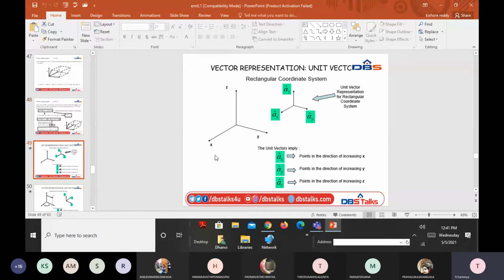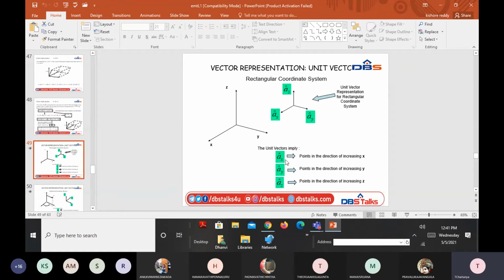See here. The vector representation over a coordinate system: consider the x-axis, y-axis, and z-axis. Along the z-axis, the vector representation is az. Along the x-axis, it is ax. Along the y-axis, it is ay.